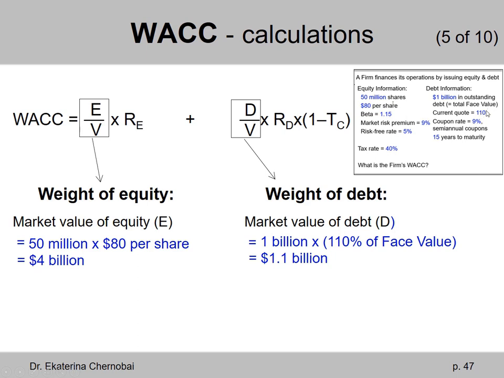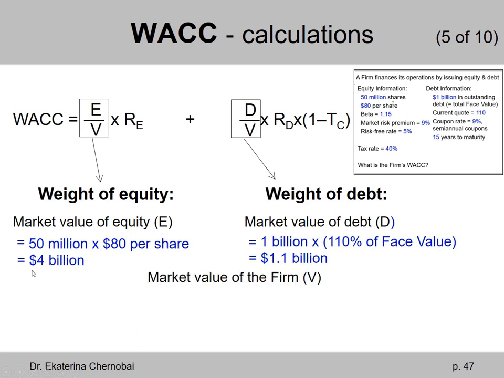So 110% of the face value is the market value. And we can apply the quote to the entire book value, the entire $1 billion. So $1 billion multiplied by 110% quote gives $1.1 billion. That's the market value of debt.